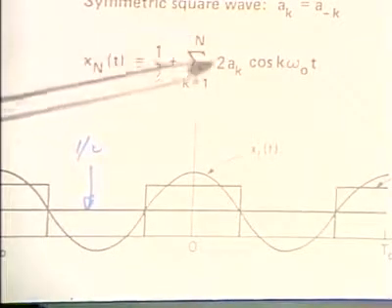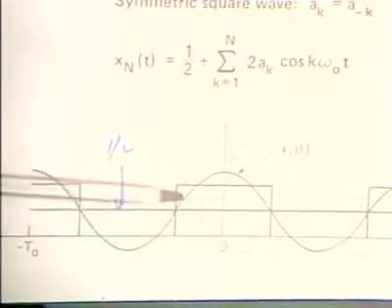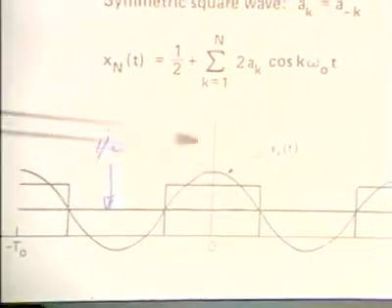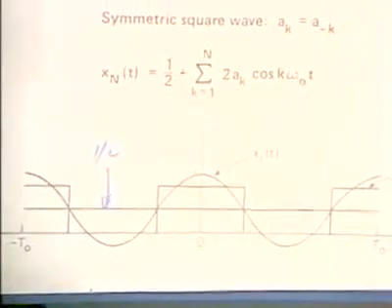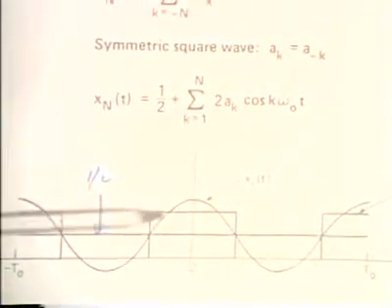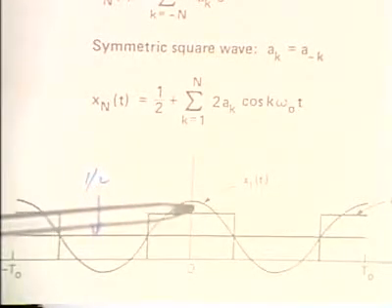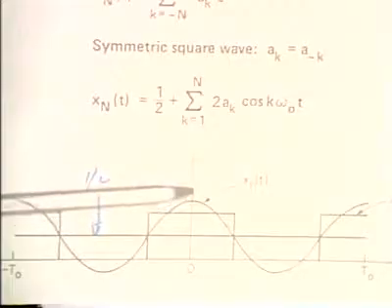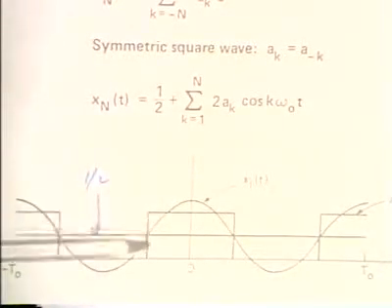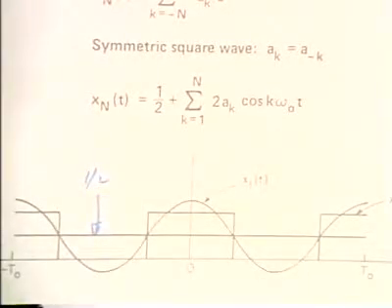With n equals 1, that would correspond to adding one cosine term to that, and so the sum of those two would be this, which looks a little closer to the square wave, but certainly not very close to it at all. And in fact, it's somewhat hard to imagine, without seeing the terms build up, how, in fact, by adding more and more terms, we can generate something that is essentially flat except at the discontinuities.